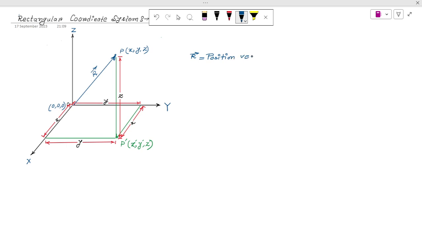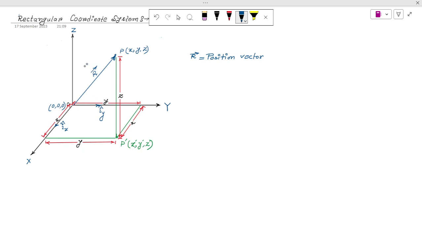And you have to write down the expression of this particular vector. Another thing we have to remember, along the x direction there will be some unit vector direction. You can write it is Ix. Along the y-axis there will be some unit vector direction. It is Iy.